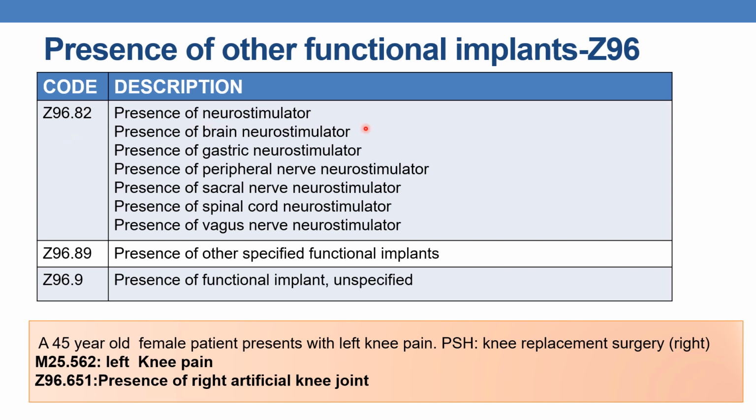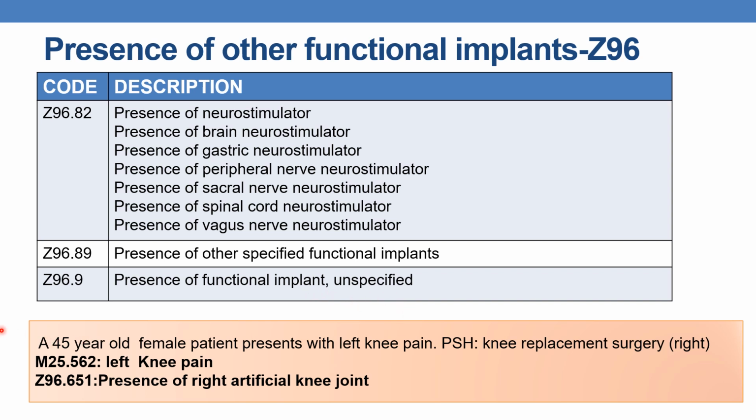It indicates presence of neurostimulator: brain neurostimulator or gastric neurostimulator, or peripheral nerve neurostimulator, or sacral nerve neurostimulator, or spinal cord neurostimulator, or vagus nerve neurostimulator. Whenever the physician documents any of these, Z96.82 is indicated. The next is Z96.89, presence of other specified functional implants. And finally, Z96.9 indicates presence of functional implant unspecified.